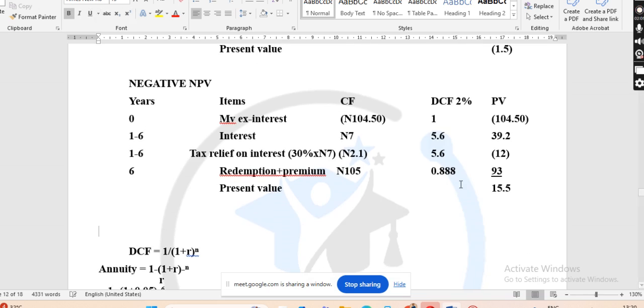So now, the next thing is your internal rate of return, IRR. What is the formula for calculating the internal rate of return?